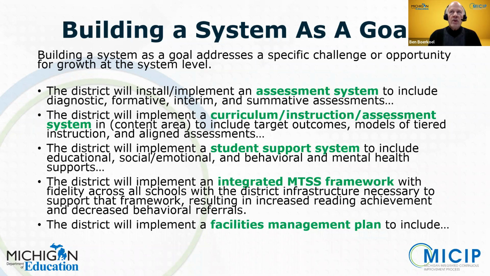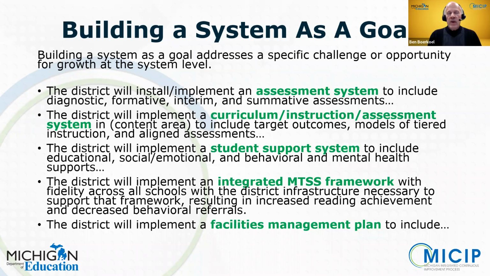So for example, you might need to install an entire assessment system if you find out that you don't have a high quality assessment system. The second bullet talks about a curriculum instruction and assessment system in, say, a particular area, or possibly a student support system. You might need to implement an MTSS framework or system.